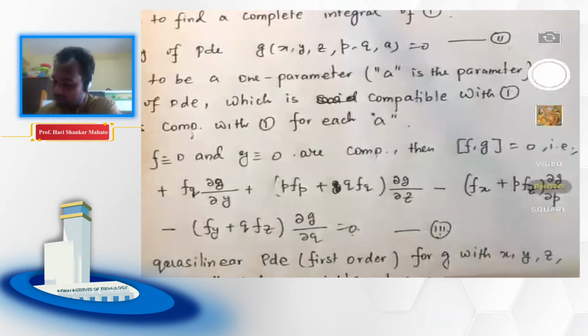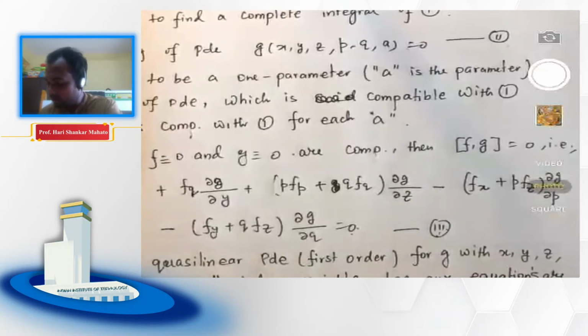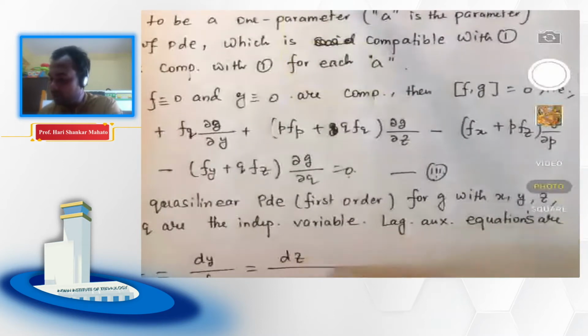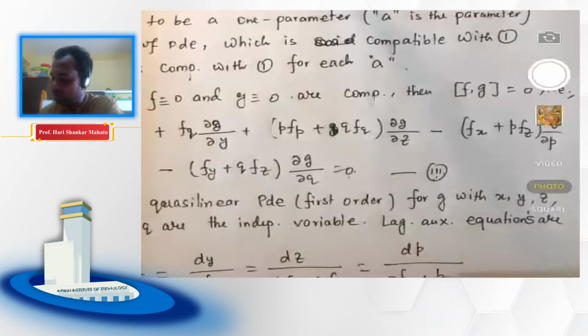In this case, Lagrange's auxiliary equations are dx by fp plus dy by fq equals dz by pfp plus qfq equals dp by minus of fx plus pfz, and equals dq by minus of fy plus qfz.